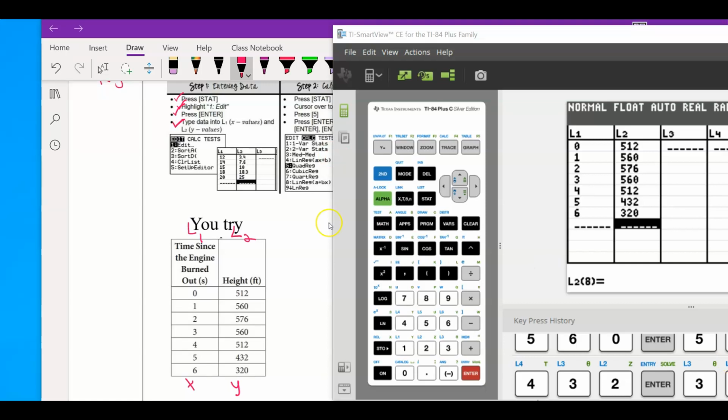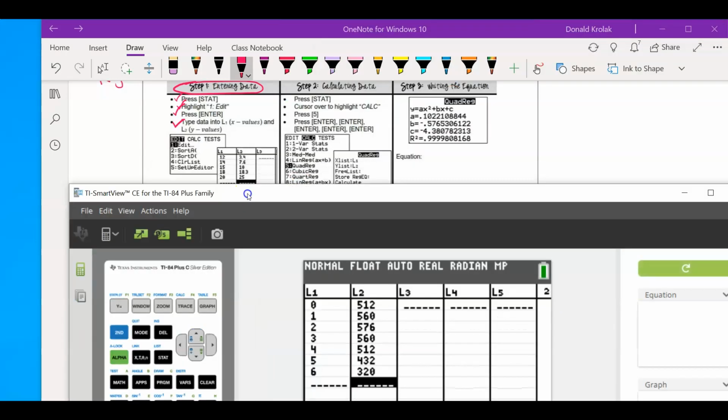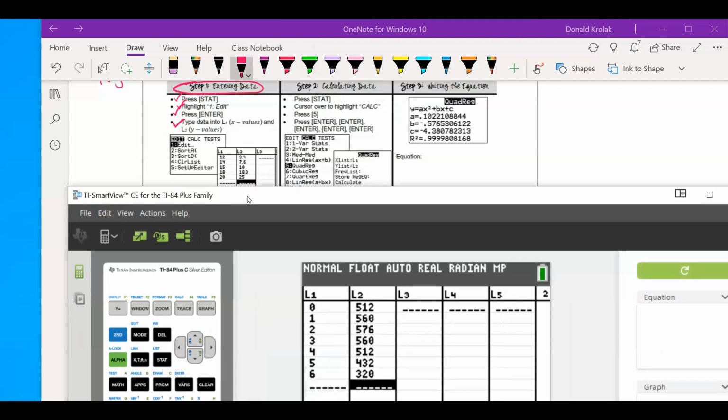Okay, so we've covered step 1, how to enter the data. Anybody need help there? All right, so the next part now is we're going to come up with the equation.